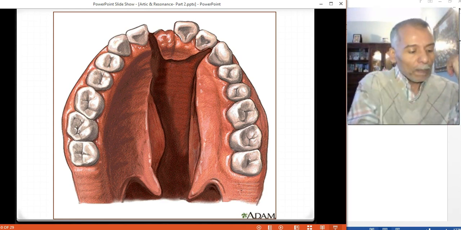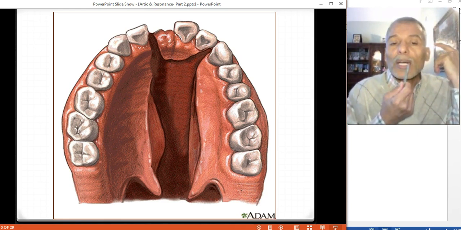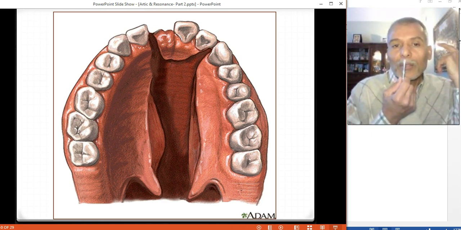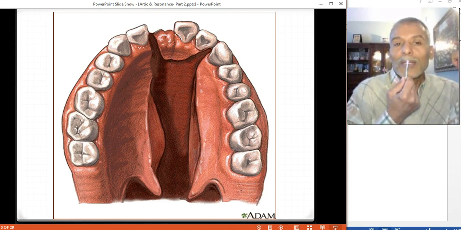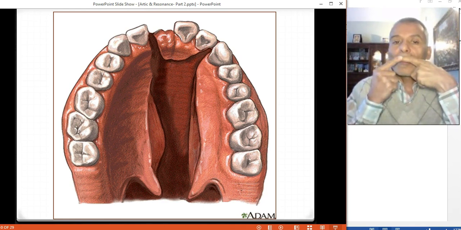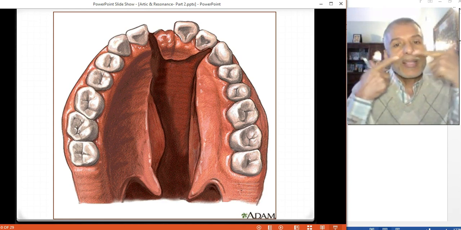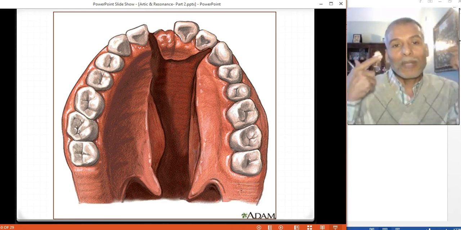But you could see the lines of fusion between the two sides of the lower lip, for example. There's a center here where you could trace it, you could see it, and it is more visible in some people than others. You could see also here in the top one, the line of fusion where the right and left fuse. So again, if you do not fuse the arch of the maxillary bone beneath where the teeth are, there is no way that tissue of the upper lip can close.